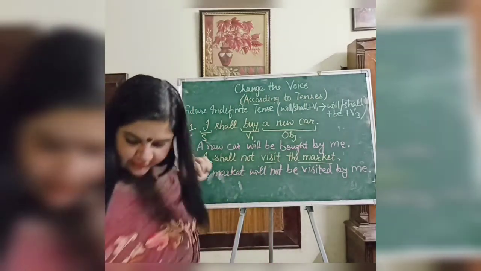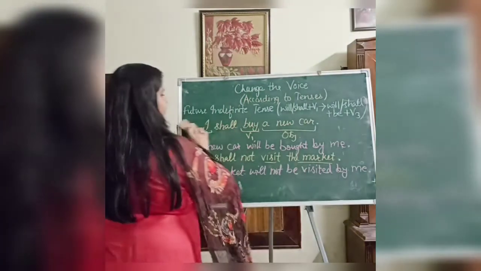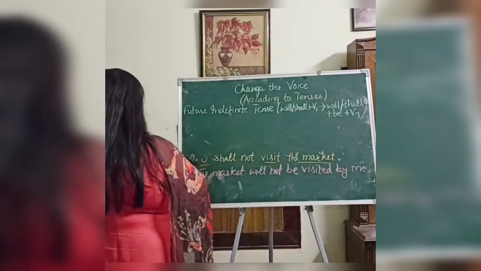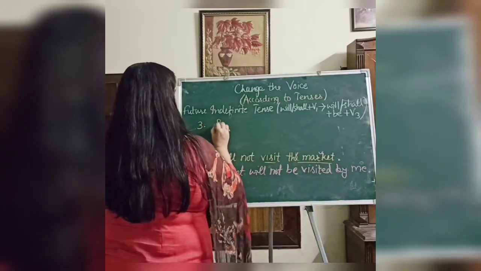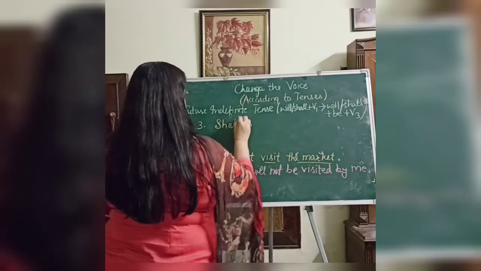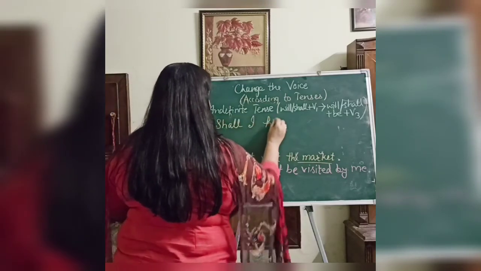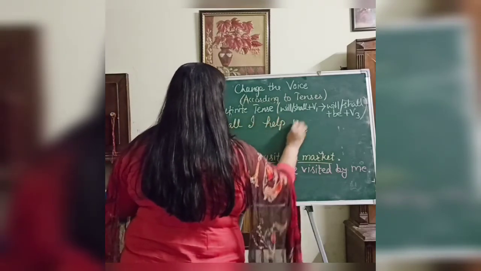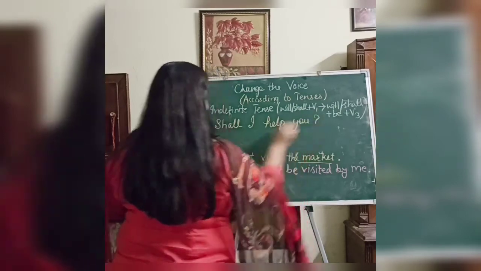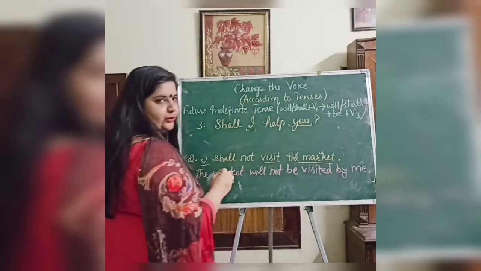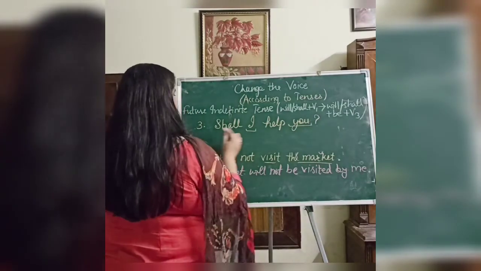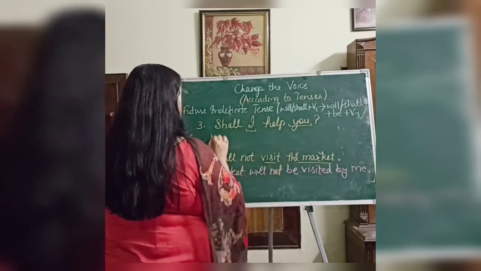Now, in case of interrogative sentence, you have to take care the beginning. Shall I help you? Subject is I, object is you. So, it will change according to you.